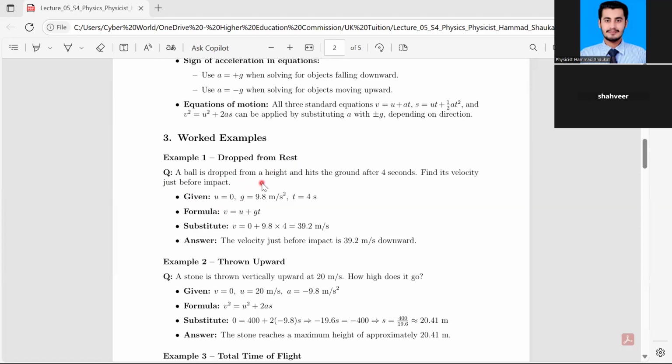And if the initial velocity of the ball is zero, can you tell me how that ball moves downward? If there is no initial velocity, your object would not move.